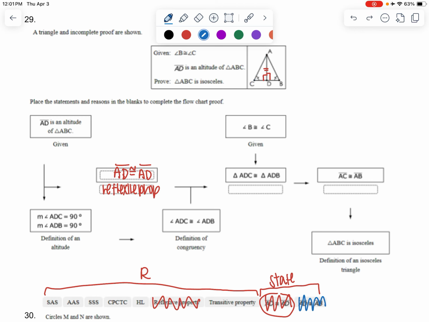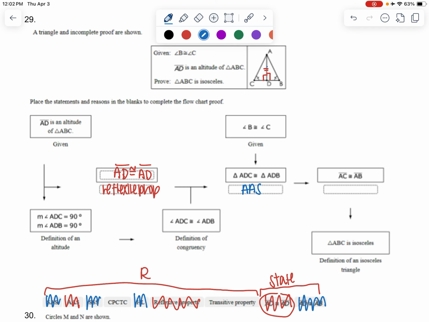The hypotenuse would be this, so not going to use that one. I don't have 3 sides, and so I'm down to side, angle, side, and angle, side, angle, and we have 2 angles and then a side, so this is going to be angle, angle, side. So we use this one. I no longer need this one anymore because I'm not doing any more triangle congruence.